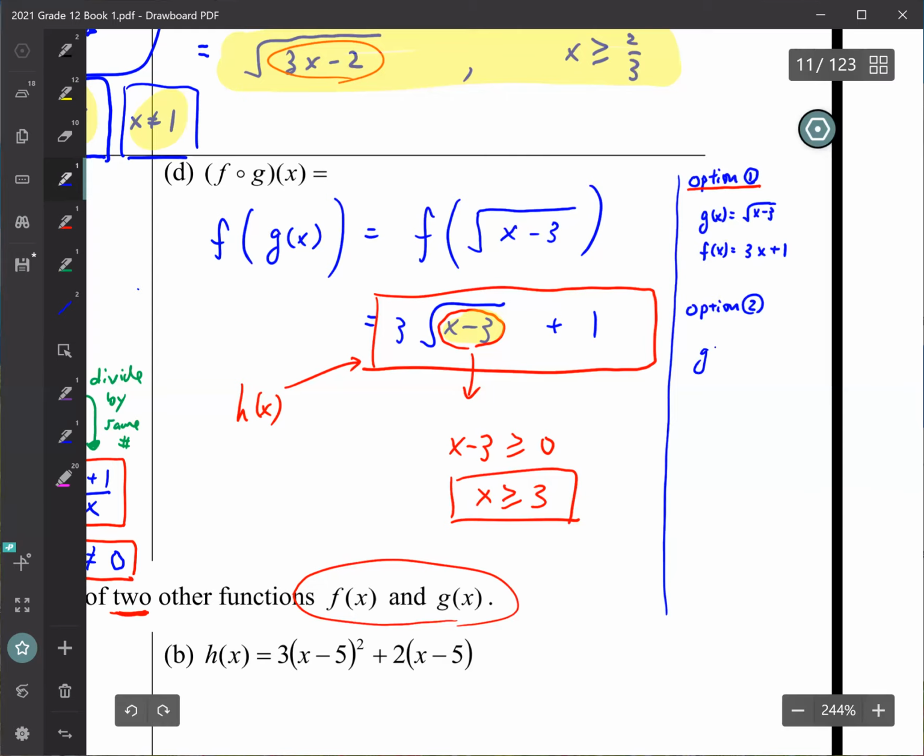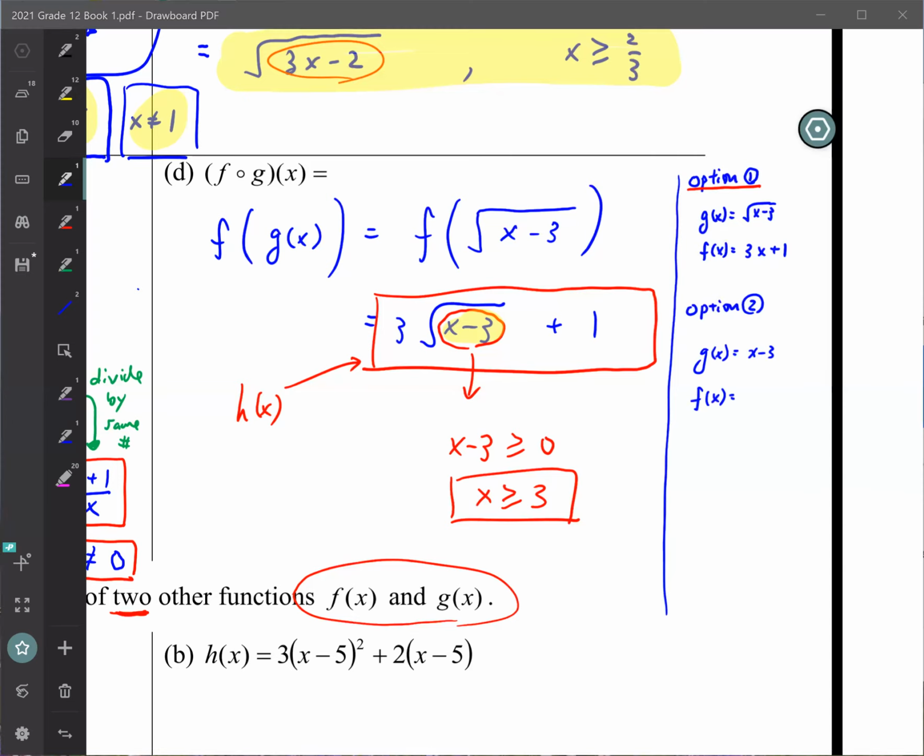So g of x, my inside is x minus 3. Right, so now if that's the inside part, can anyone tell me what will be the outside function, the f of x? So that when I plug g of x in, it will give you the same result.